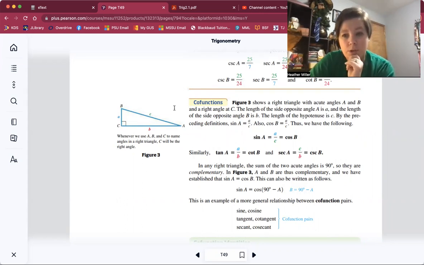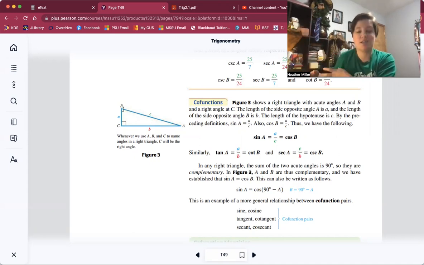So here's what's important to note, and what I think the book did a good job of pointing out. If I look at sine of angle A, sine is opposite, so a, over hypotenuse, which is c. Do we see that? Sine of A is a over c. But what if we talked about the cosine of B?